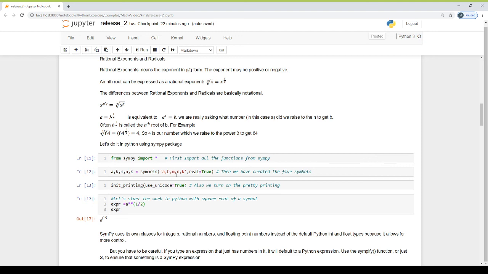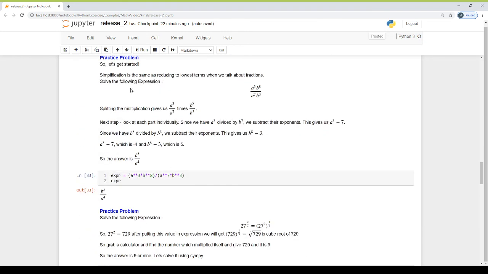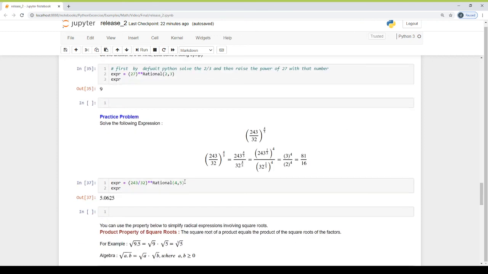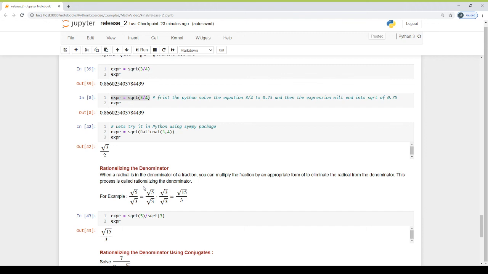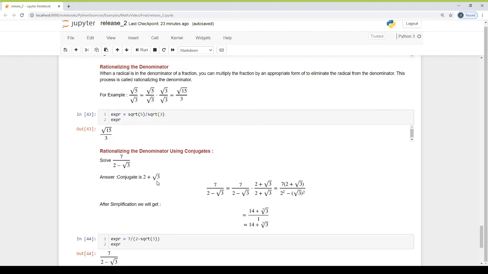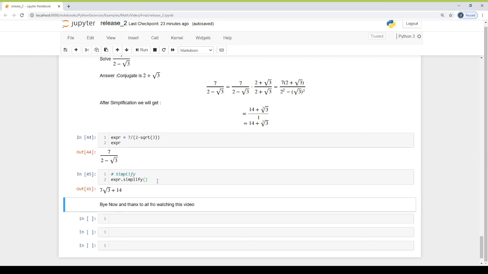We have also evaluated them by doing some practice problems. We have done the product property of square root, quotient rule for radicals, rationalizing the denominator, and rationalizing the denominator using conjugates.